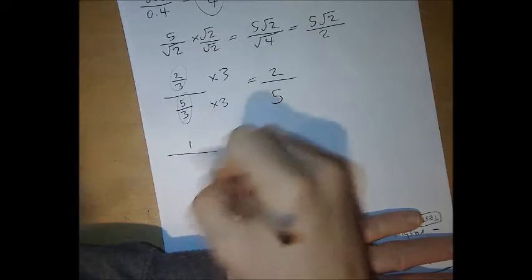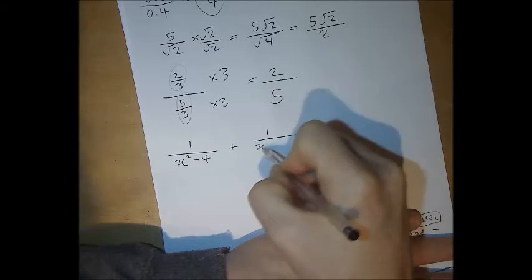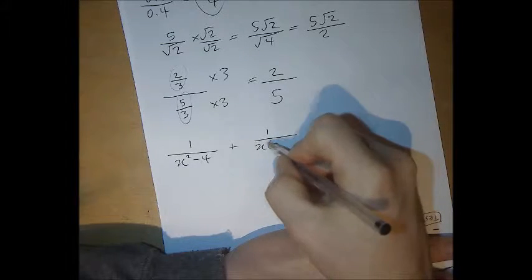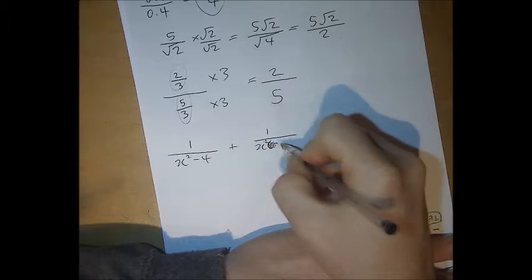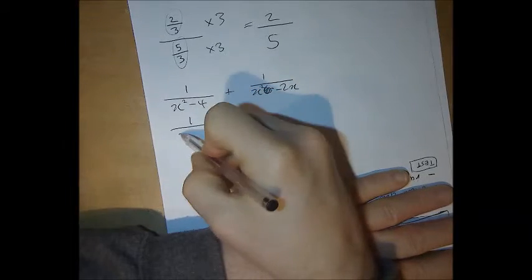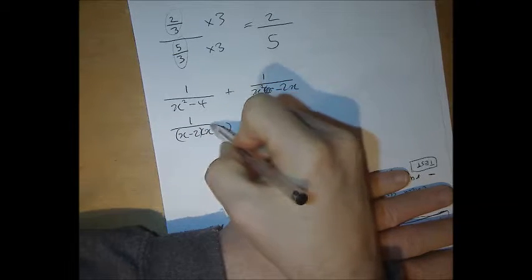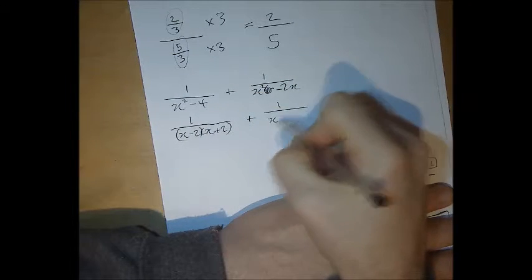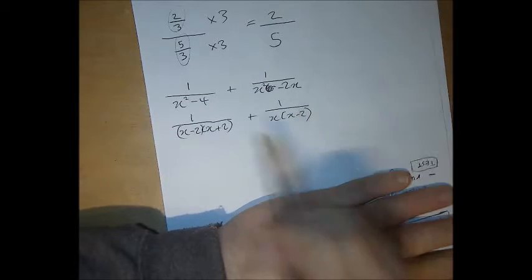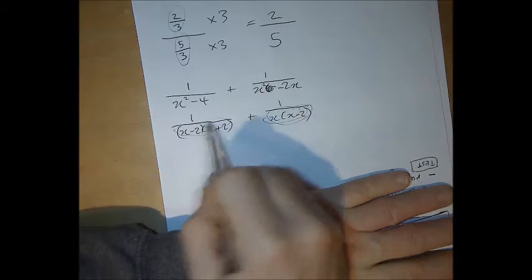If I had to add these two fractions, I would factorize the bottoms, and then I would think, how can I make this look more like that, and how can I make that look more like this?